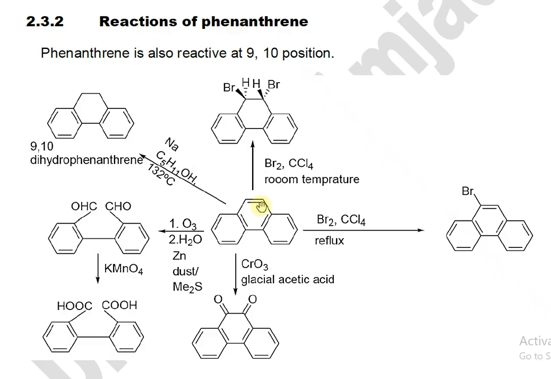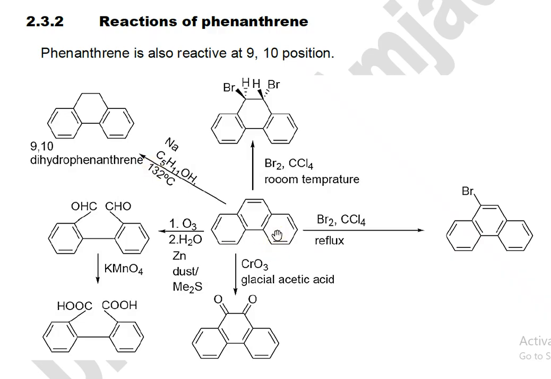If we want to add hydrogen, a reduction here, it will be converted to 9,10-dihydrophenanthrene by reaction with sodium and alcohols, hexanol or ethanol, one of them can be used. The alcohol is the source for the hydrogen.